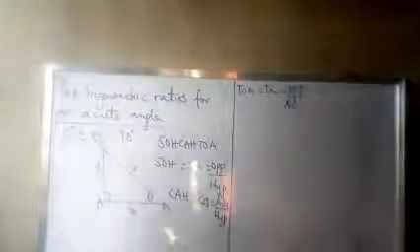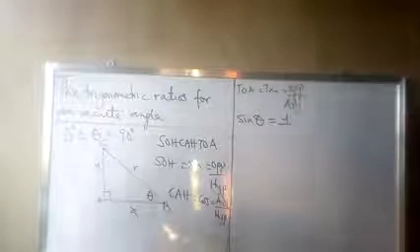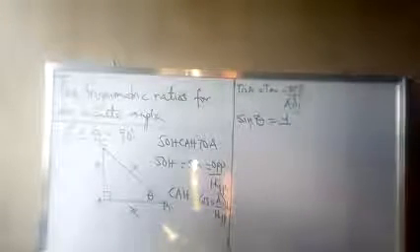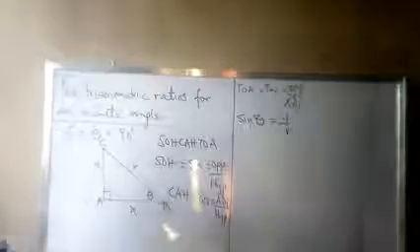Now, if I want to find the ratio of sine, I'll say sine theta is equal to the side facing theta, which is my opposite, y, all over hypotenuse. Hypotenuse is the longest side of every right angle triangle, the side that has the longest length. The longest side there is r. So my sine theta here is y over r.